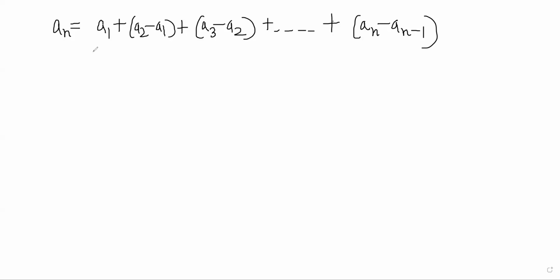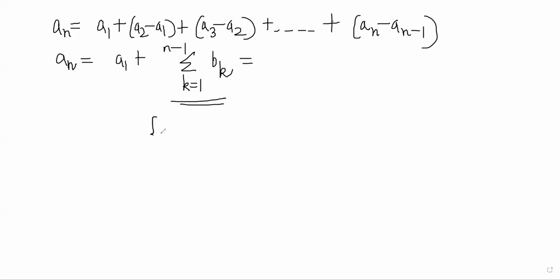So we can say that this is a1 plus summation of k goes from 1 to n minus 1 of bk, right? Because b of n minus 1 is an minus a n minus 1, right? Now this is my an, so we get this summation.